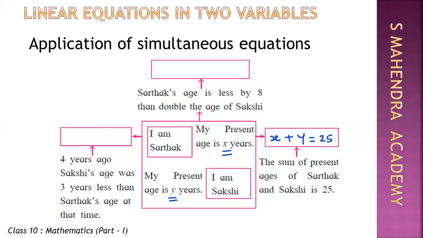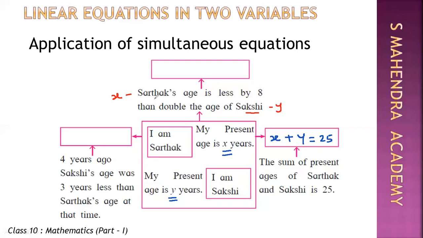The second condition given is Sarthak's age is less by 8 than double the age of Sakshi. Now the present age of Sarthak is X years, and the present age of Sakshi is Y years.